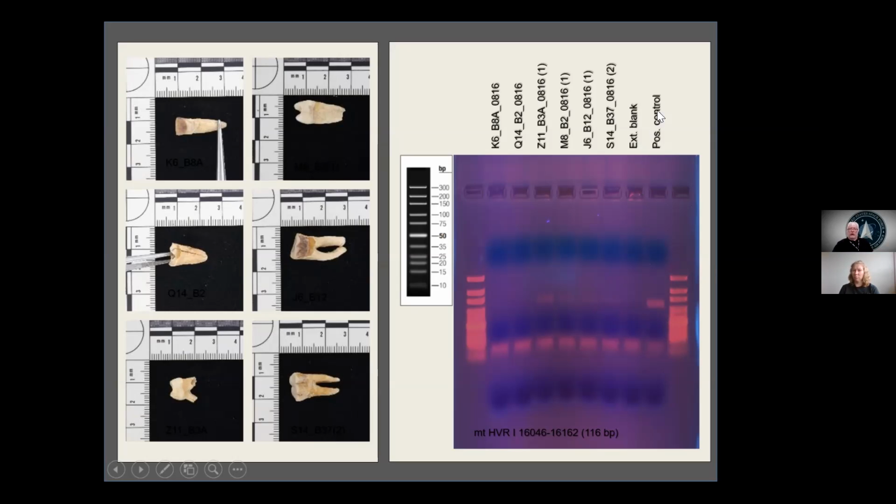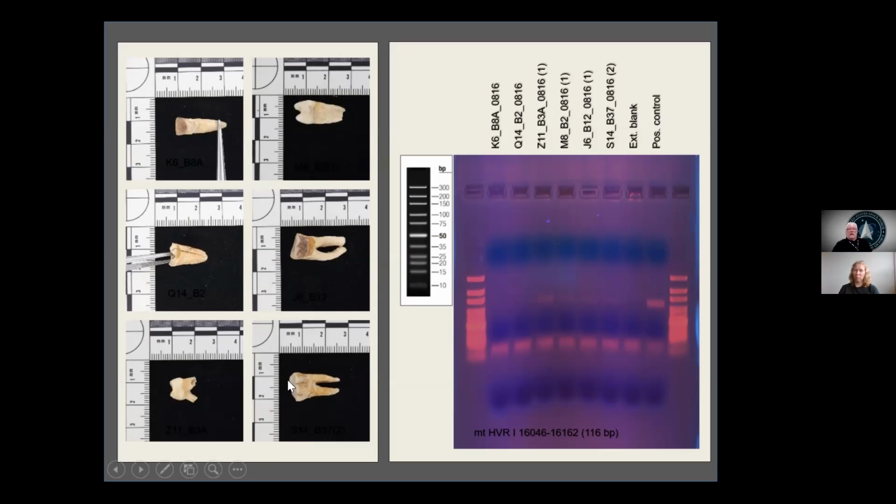The positive control here is a modern DNA sample, and so this shows you that the reaction worked. The extraction blank, which is a negative sample, shows you that it isn't in that sample, but the other four here, 1, 2, 3, 4, show you that there is DNA that was recovered from these. A very little bit, but there was recovered from some of these, and some of them didn't recover any DNA at all.